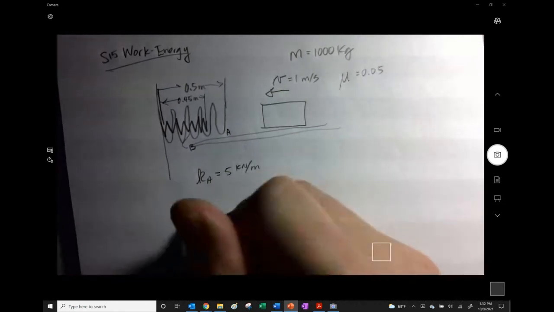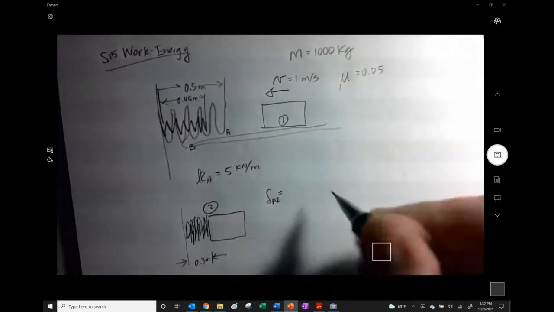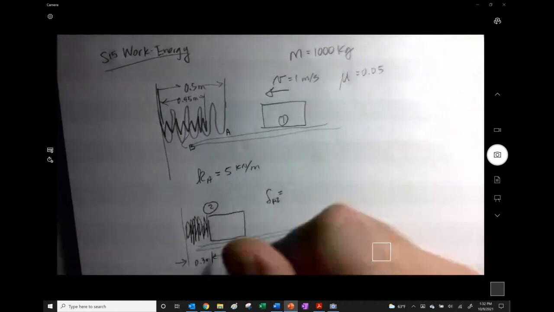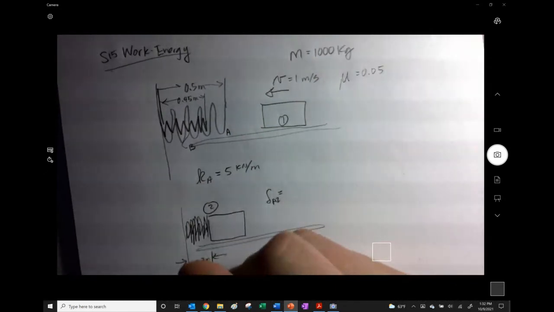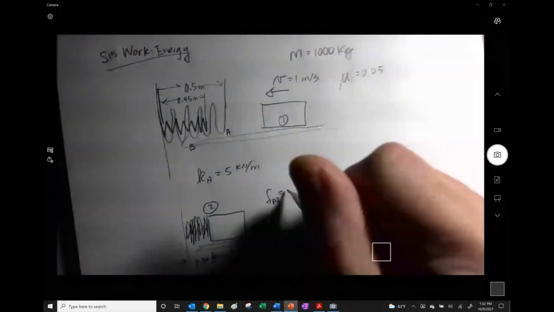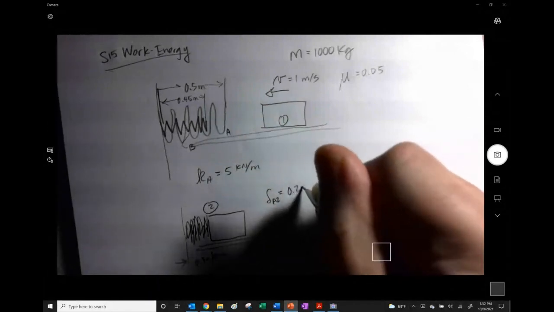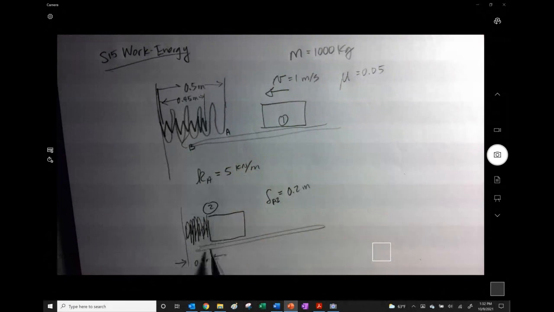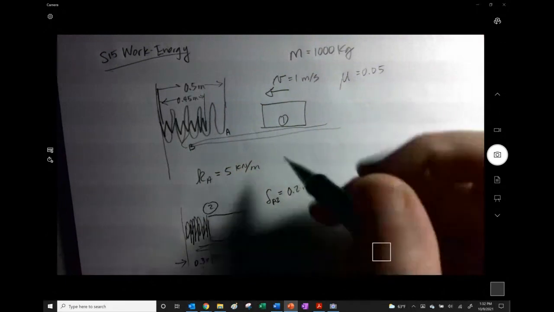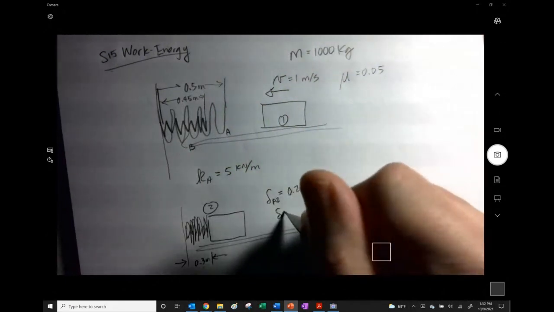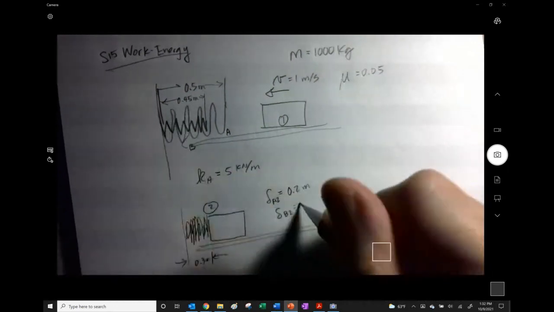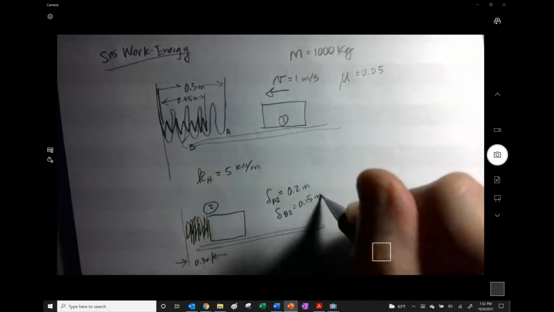Because we'll say that this is state 2, this is state 1 right here that has occurred right in there. The del that will have taken place will now be 0.2 meters, right? As he started out at 0.5, now he's going to be crushed down to 0.3. And then the del B in the second state, it's going to be 0.15 meters, right?